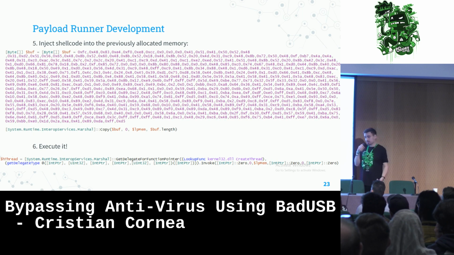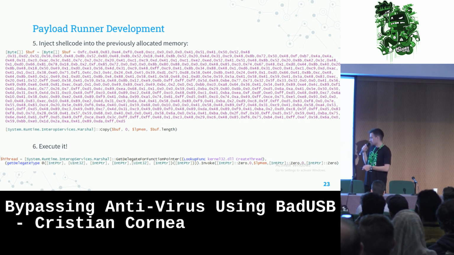And next, using the same Marshal Copy that we used to patch the address, we will use it to copy the shellcode directly into the pre-allocated buffer, and then just execute it, as you can see here, with the CreateThread function from kernel32.